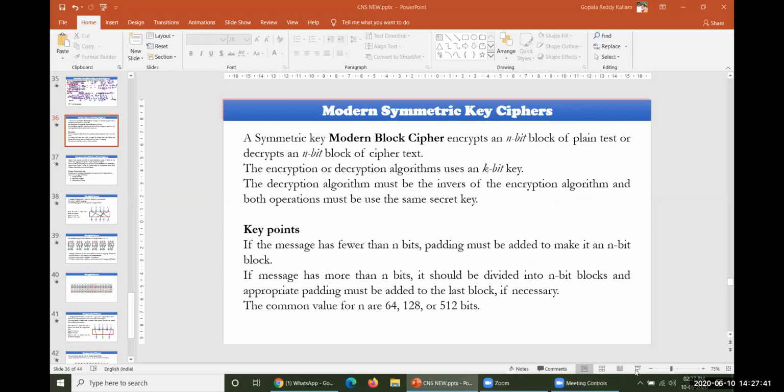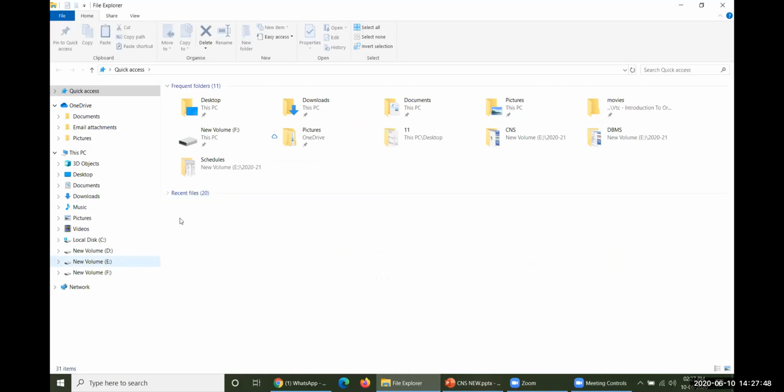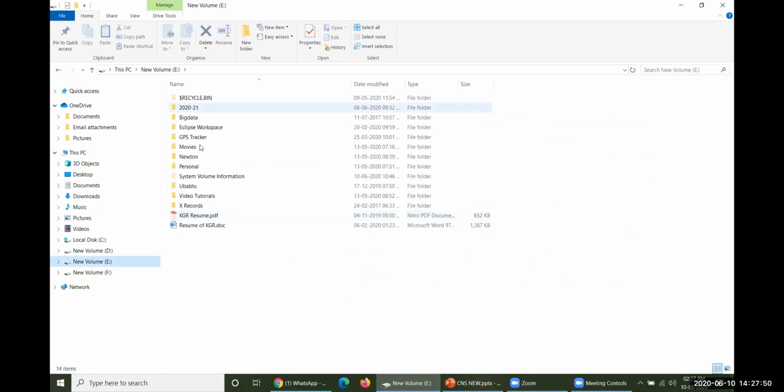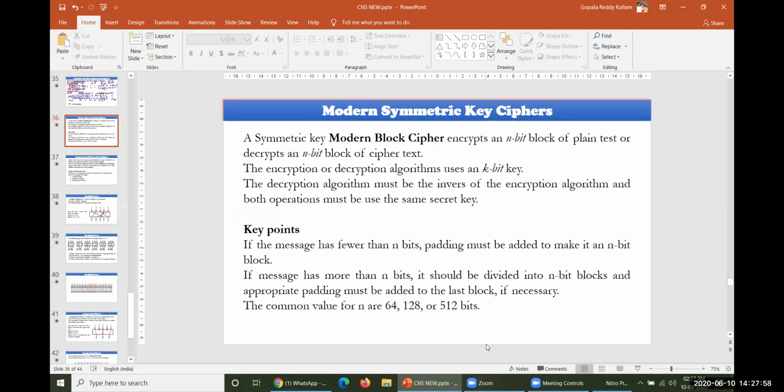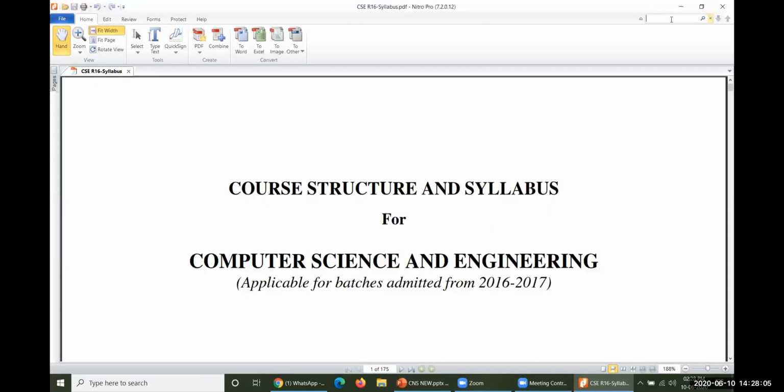Today's lecture is based on unit number 2. That unit number 2 will be covered. Let me open. Unit number 2 has concentrated on modern symmetric key cryptography.